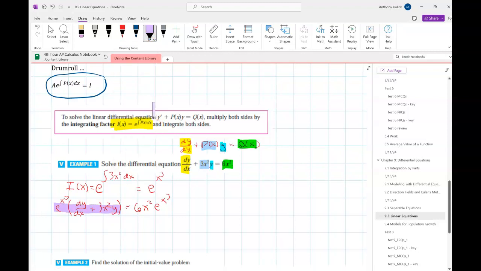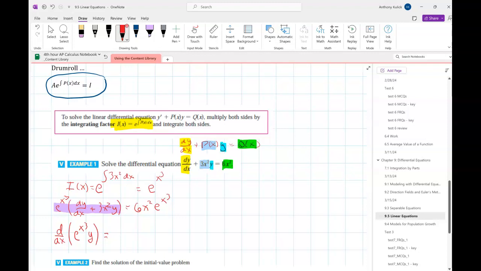this piece right here condenses into the derivative of I of x times y. Always. That's why we've chosen I of x the way we have, so that I can make that condensing every single time. I don't have to think about it. I know that that's how it has to work. Okay?